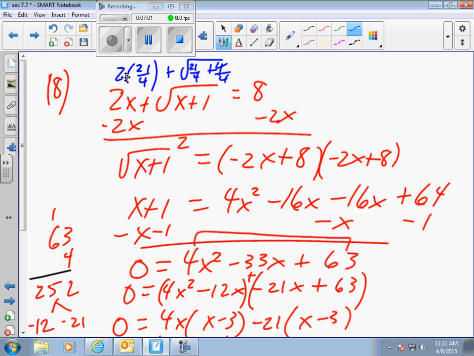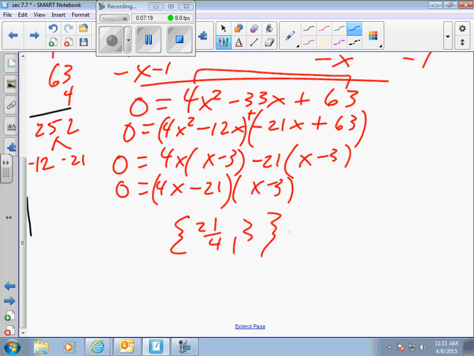So this simplifies to 2 times this gives me 21 halves, plus 25 fourths square rooted is 5 halves, gives me 26 halves, which is 13. Is that equal to 8? Nope. So this one's an extraneous root.